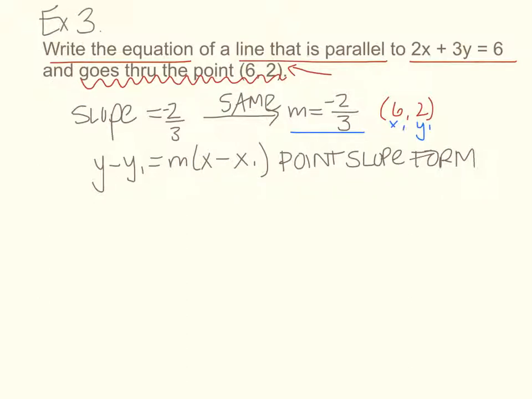That means that the equation of a line that's parallel would be y minus 2 equals negative 2/3 times x minus 6.